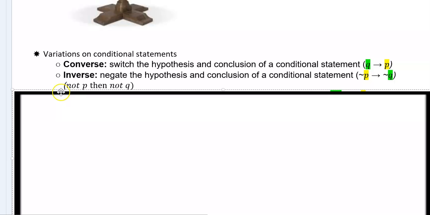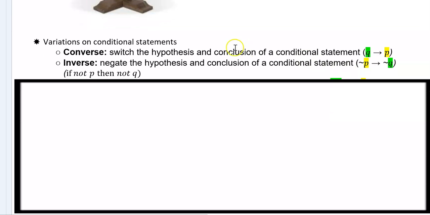And we describe that as if not P, then not Q. And we represent that word not, like that negative word, with these little squiggles or tildes. So that's describing that it is not P and not Q. But you notice that we still start with the hypothesis and end with the conclusion.